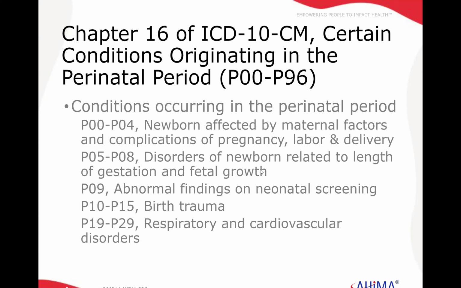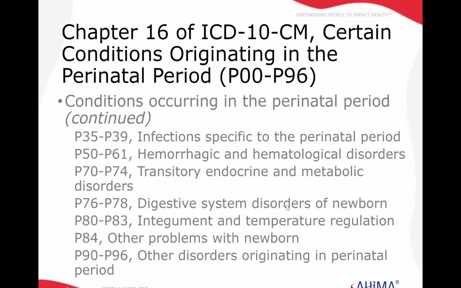Going on, we have P05 through P08, disorders of a newborn related to the length of gestation and fetal growth. P09, abnormal findings on neonatal screening. P10 through P15, birth trauma. P19 through P29, respiratory and cardiovascular disorders. And 35 through 39, infections specific to the perinatal period.